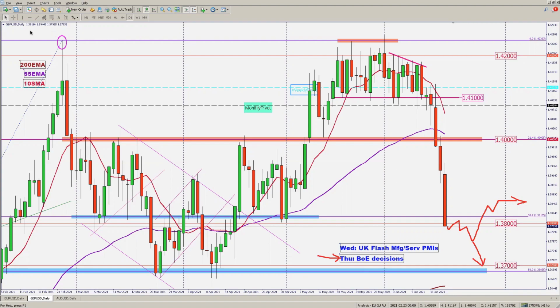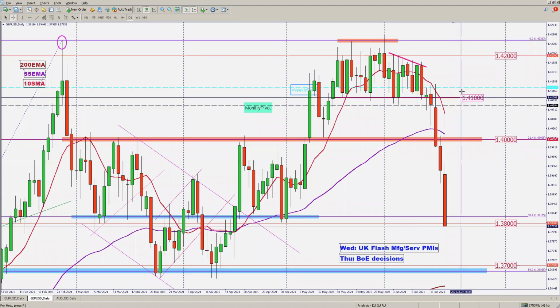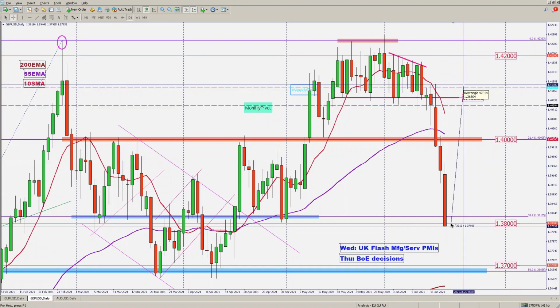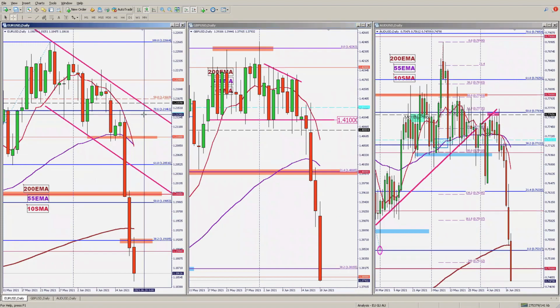So it has already fallen last week. It has already fallen over 300 pips. And I think about 250 pips for the euro.